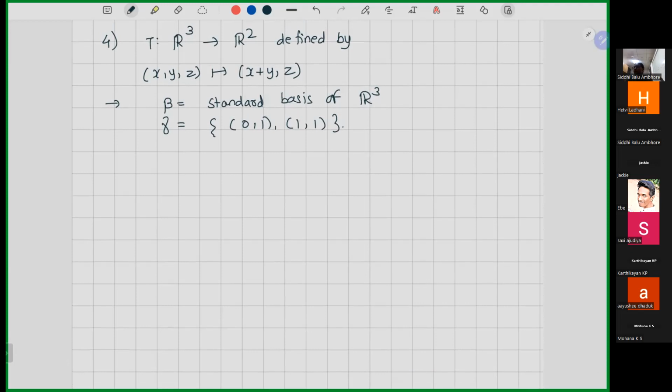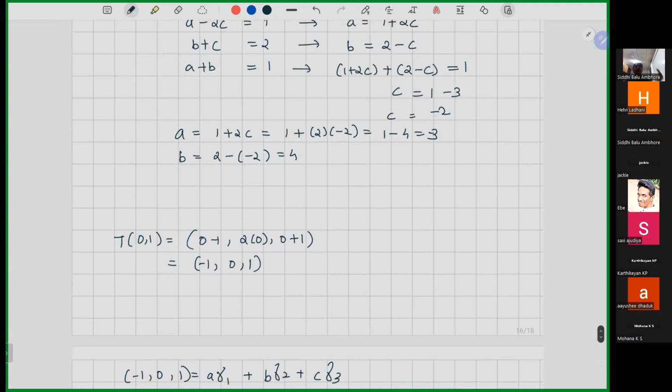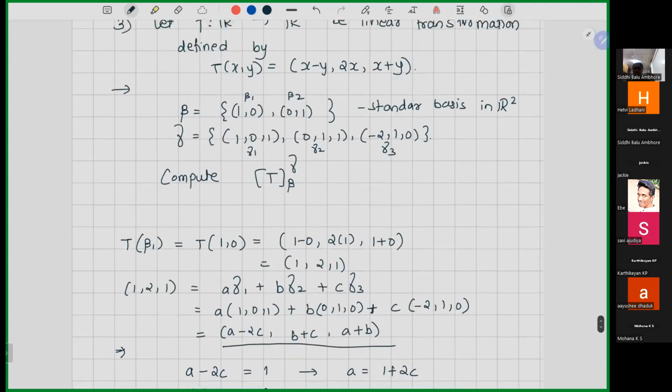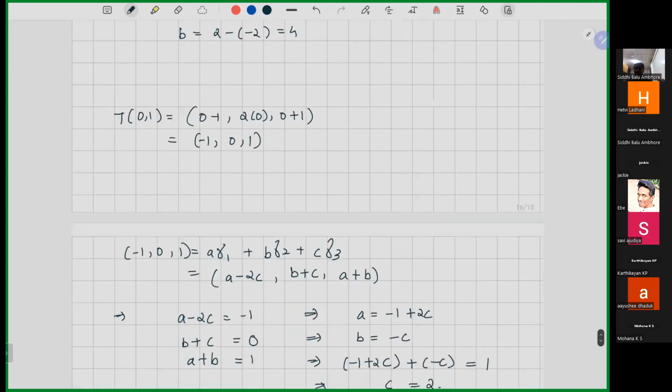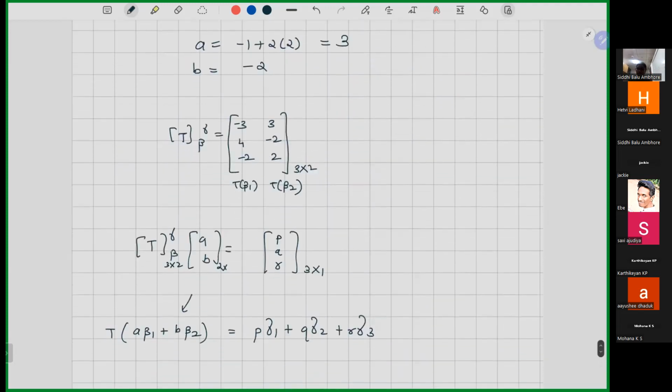So in the exam they need not actually ask you to find the entire matrix. They will ask you to give the exact entry, like the 1 comma 1 entry of T beta gamma, or the 2 comma 2 entry.